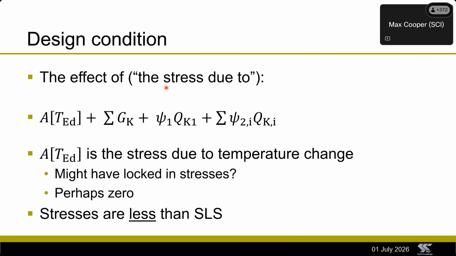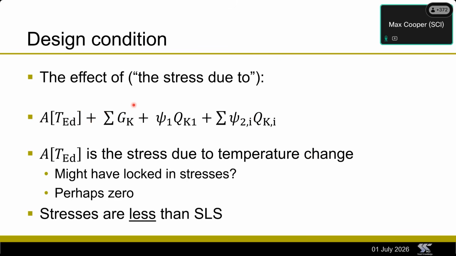The stress that we want to consider is the stress due to this combination here, and we'll just go through this in steps. First of all, we have the stress due to temperature change. Depending on the structure, that will commonly be 0 if we've got room for the structure to move. It's free to move, and we've got bolts in, for example, clearance holes.